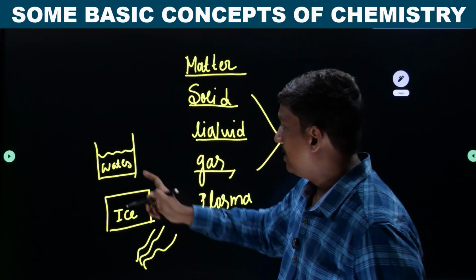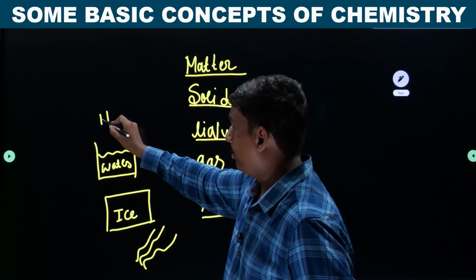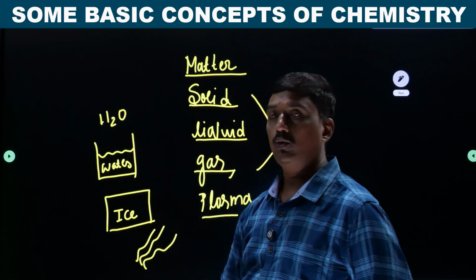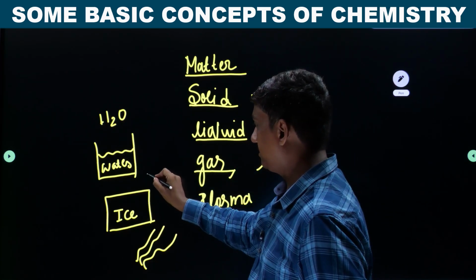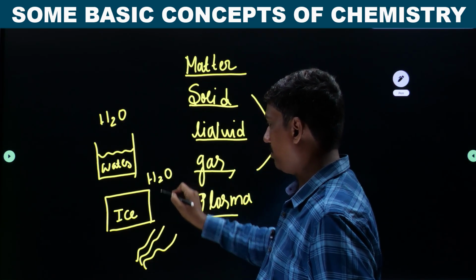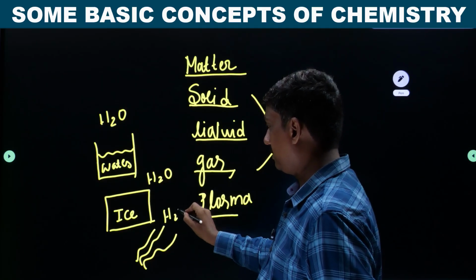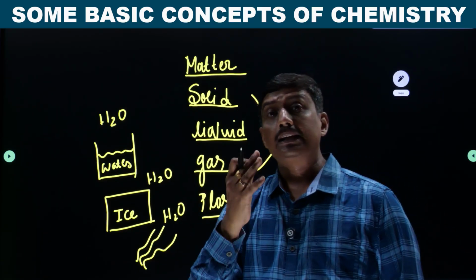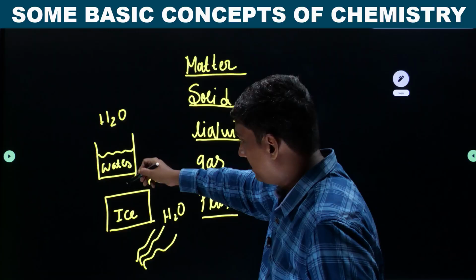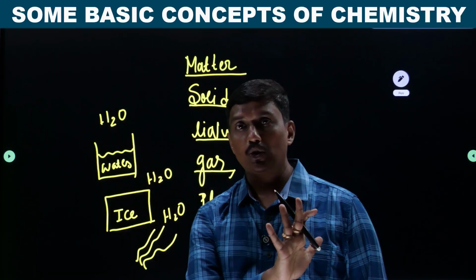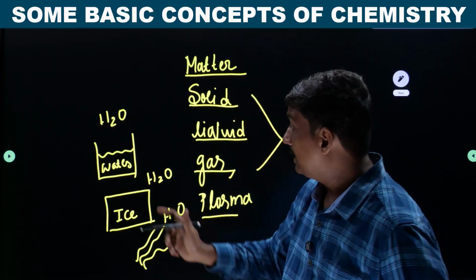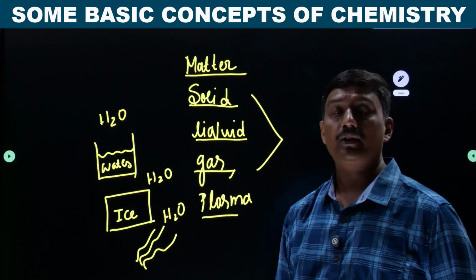Look here, water, its composition is H2O. Ice is nothing but H2O. Water vapor is nothing but H2O. Chemically, all these three are the same, no doubt. But the state is different.